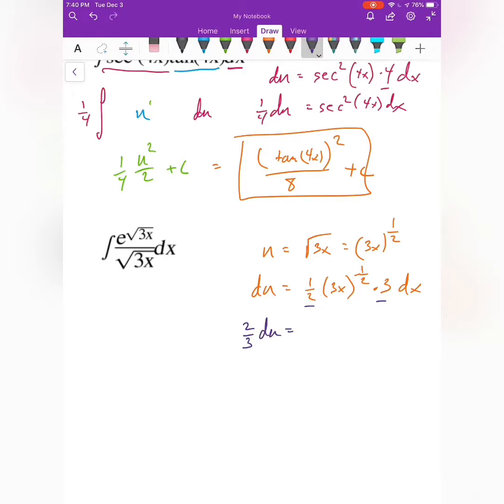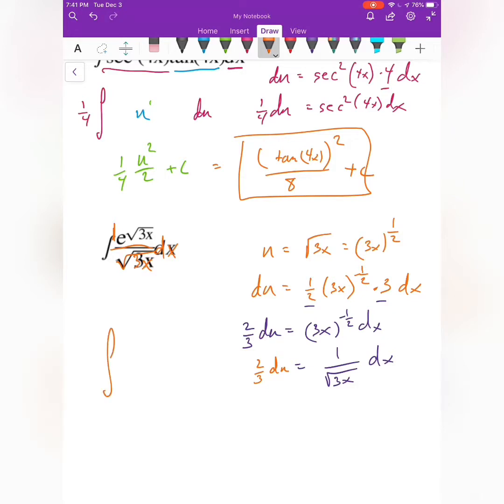And what we have here is 3x to the negative 1/2 dx, right? Well, that is 1 over the square root of 3x dx, where 1 over the square root of 3x dx is all of that. And that ends up being just 2/3 du.